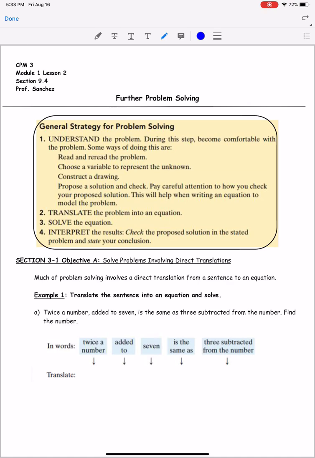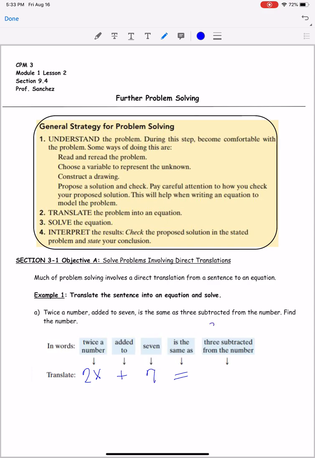So it first says twice a number. So how do you represent twice a number? So that's going to be our 2x added to, pretty straightforward, that's your plus sign, 7 is the same as, that's where your equal sign goes, and then read this one carefully, 3 subtracted from the number. So a lot of times when we have these word problems, you keep it in that order.